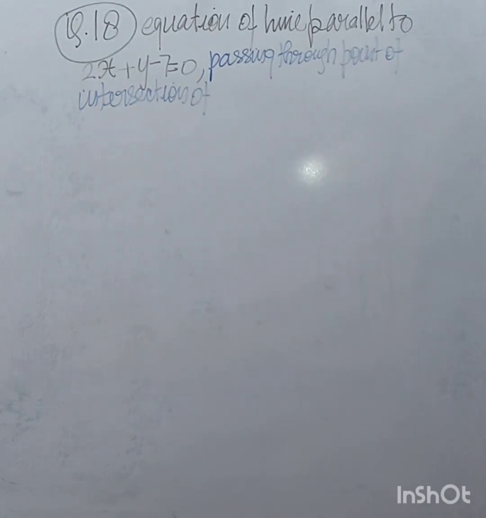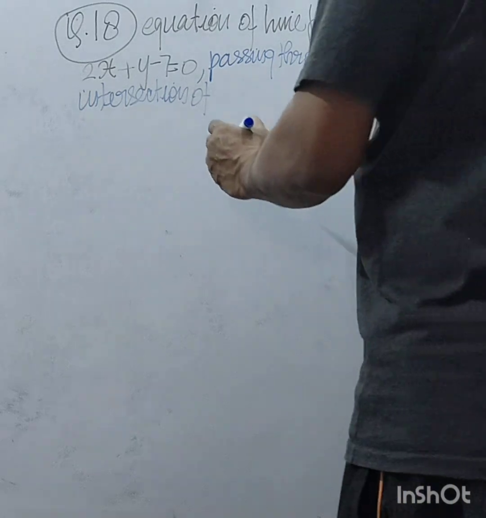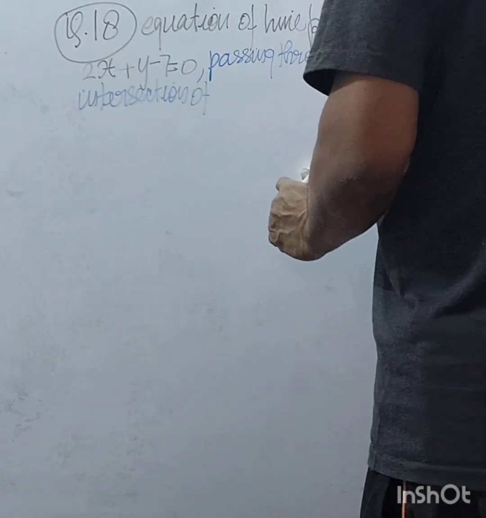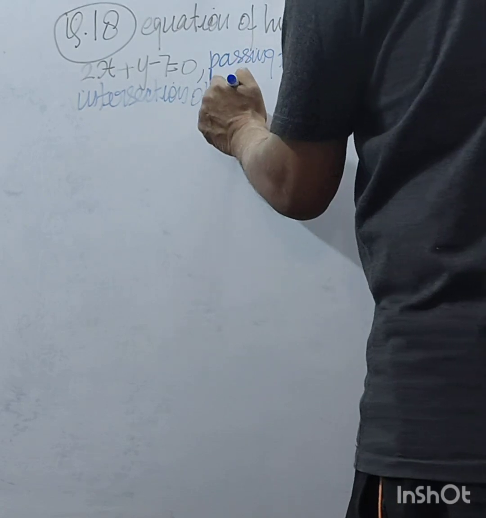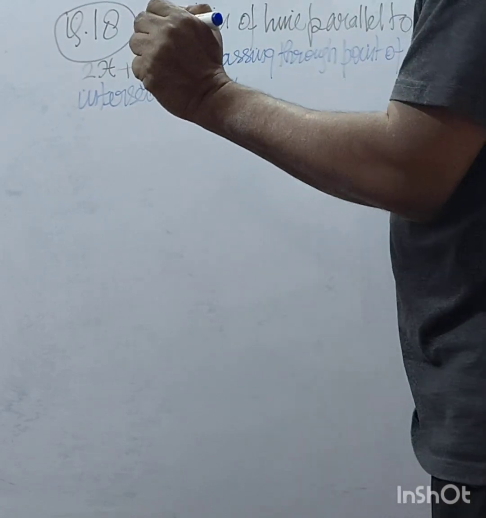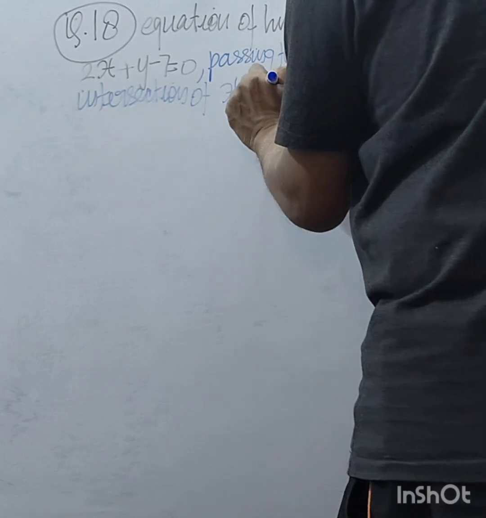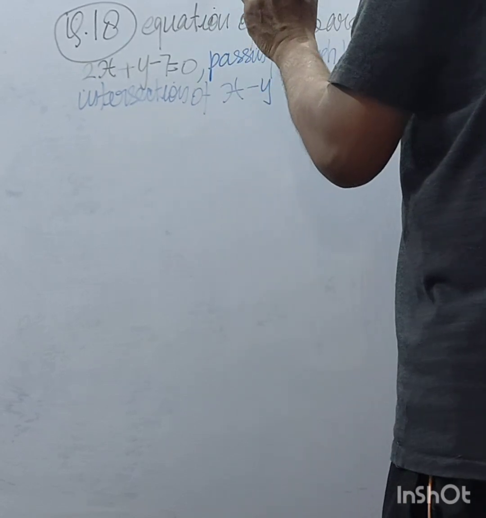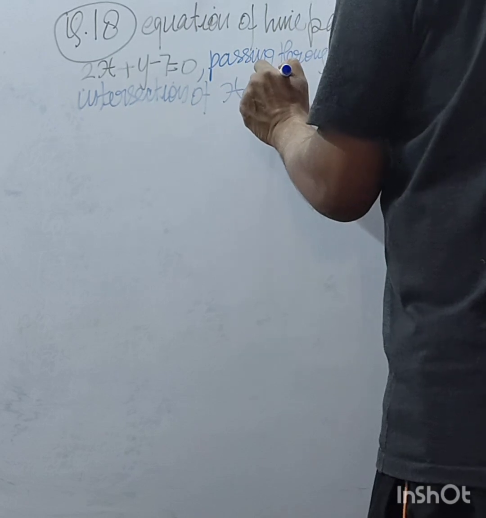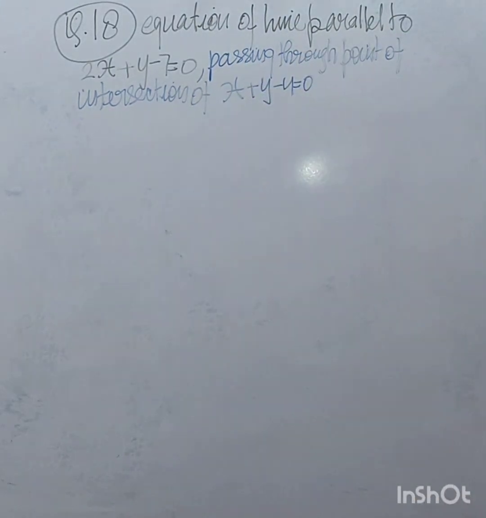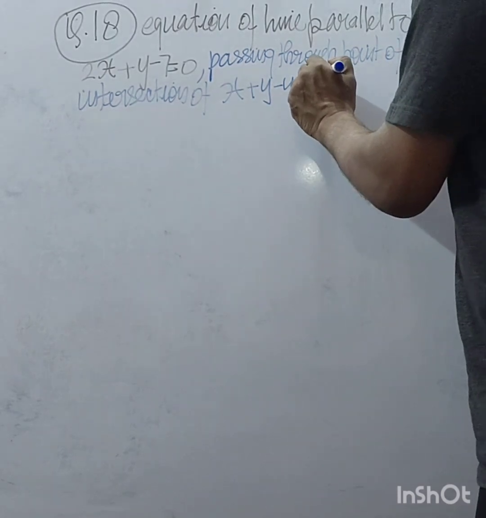Passing through the point of intersection of x plus y minus 4 is equal to 0 and 2x minus y is equal to 8.